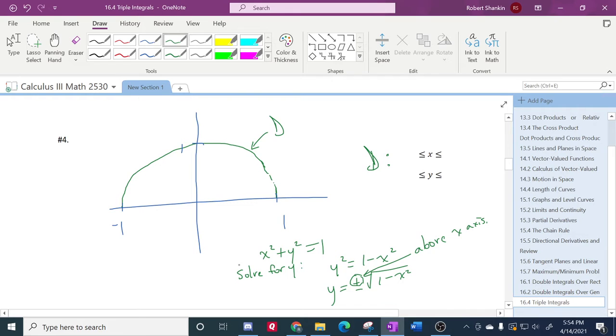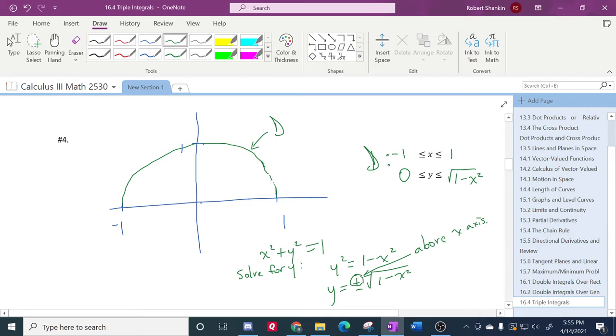Okay. So the x's have to go from -1 to 1. One of them has to be constants. The other one, while the x is traversing from -1 to 1, the y's for each of these, when x is -1, the y goes from 0 up until the positive square root of 1 minus x squared.